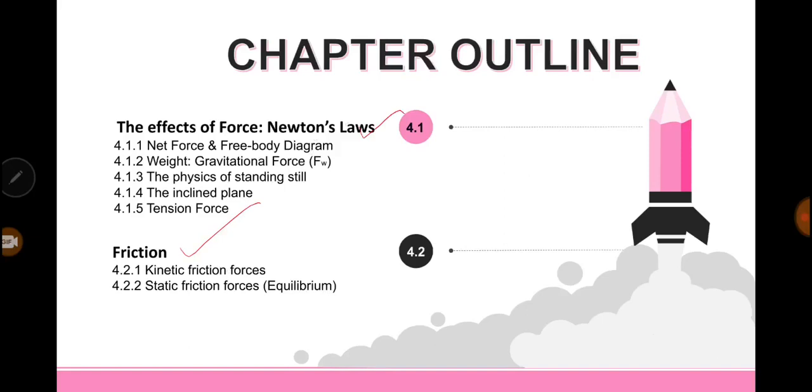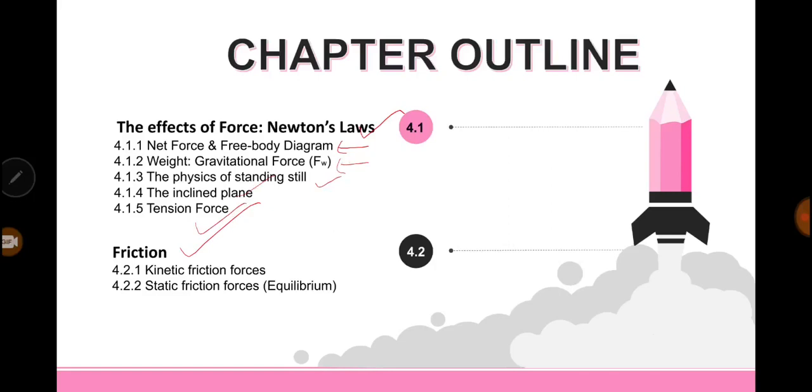Alright, in the first 5 subtopics, we will be learning about how to calculate net force and how to draw a free body diagram. After that, weight, gravitational forces, the physics of standing still, the inclined plane, and tension force.